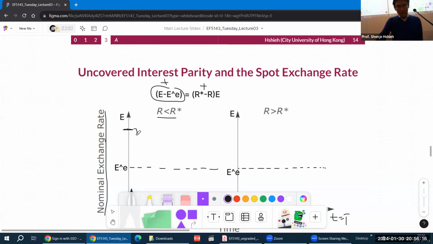So this gap here is R star minus R times E, which is positive.